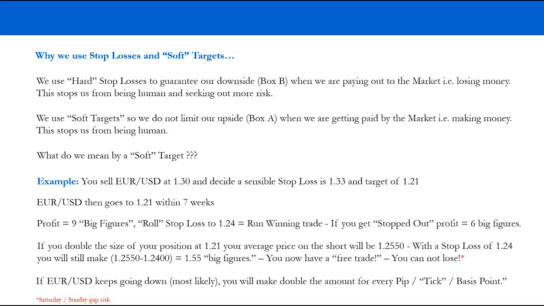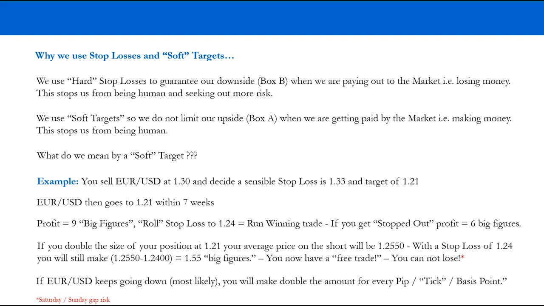So what your tolerance for a loss is, and it stops you from being human. It stops you from seeking out more risk and, for example, shorting more of the asset at 108, then shorting more of the asset at 115 and 120 and 130, and so on and so forth.